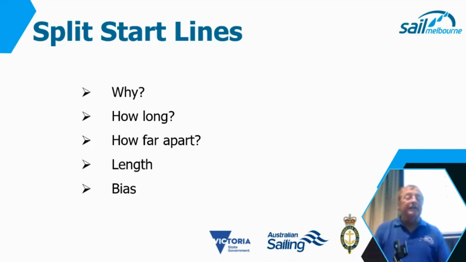We're looking at the length of the line, but it's important, if we're starting a race and we've run the line square to the breeze, then it may not be sending you in the direction of where your next mark may be.